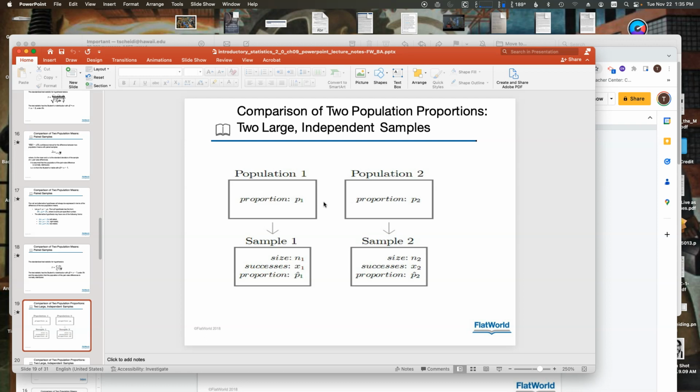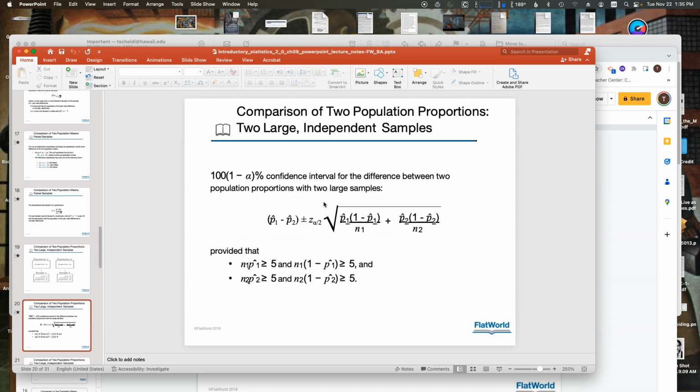Looking at these two large independent samples in terms of their proportions, it really should be in some sense just a repeat of what we've looked at in previous chapters. Now we're just testing the difference in the proportions using a z statistic because these are large samples.